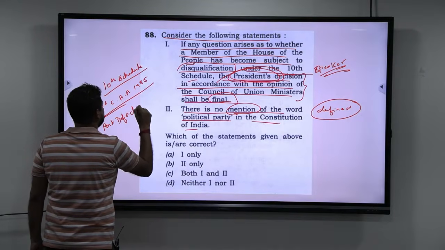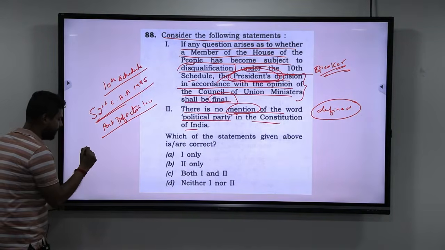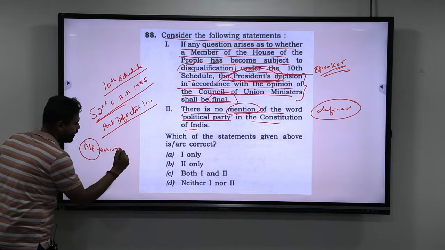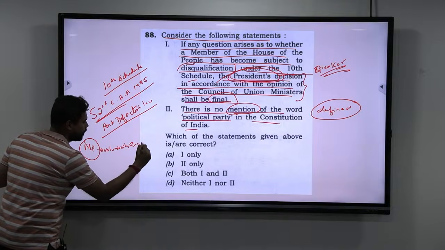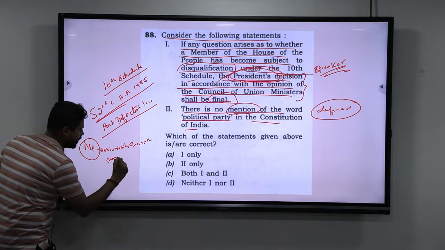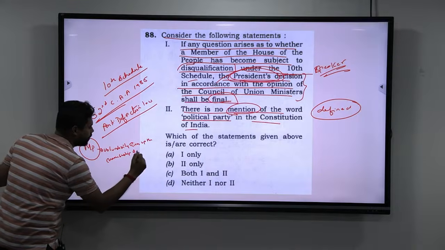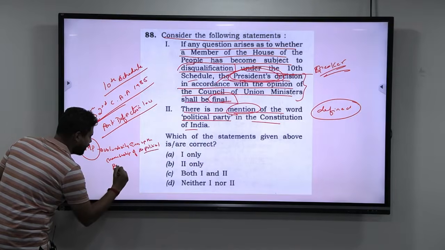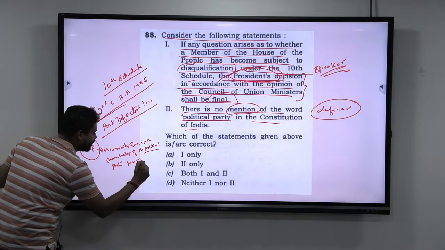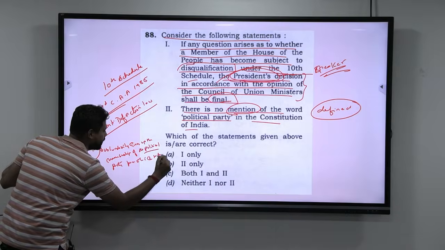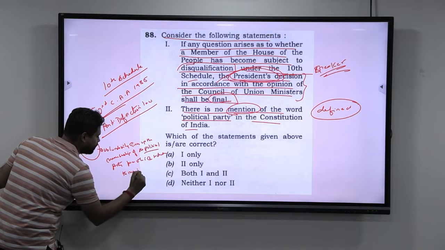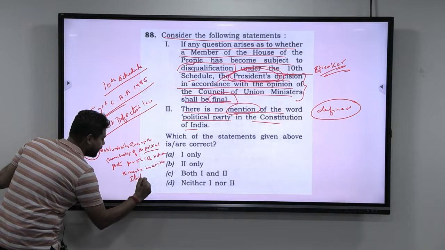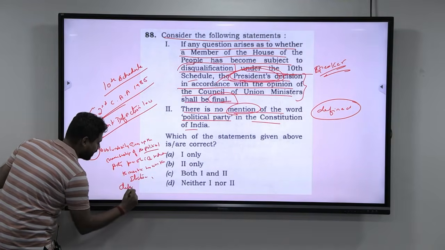So in the anti-defection law, it says that when any MP voluntarily gives up the membership of the political party from whose ticket the member has won the election, then this is considered defection.